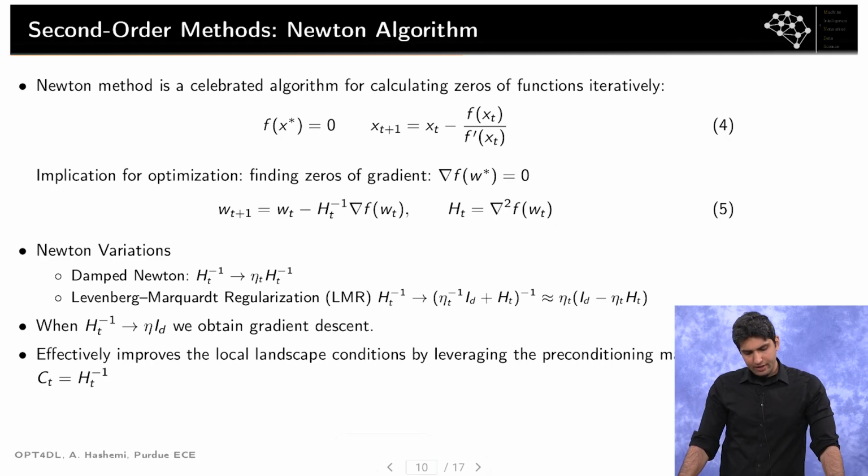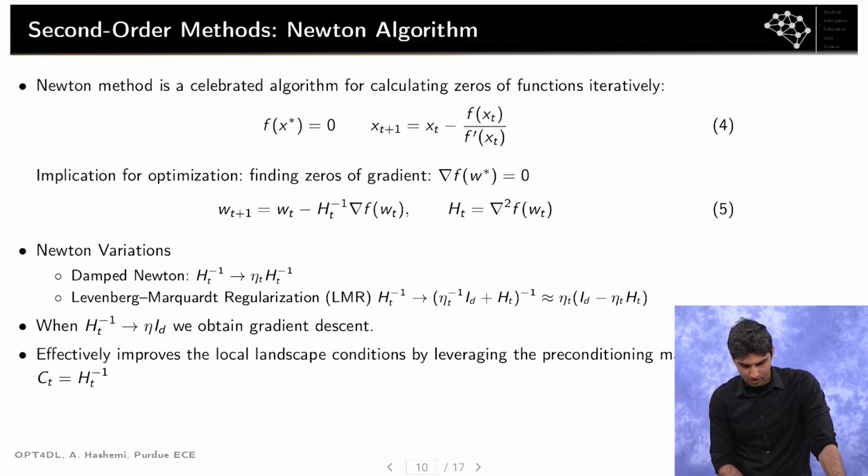And this idea is an elegant modification to the famous Newton algorithm. Okay? So the Newton algorithm that you may have seen in your other courses is a general, celebrated method for calculating zeros of functions.